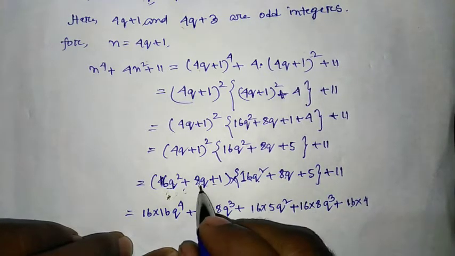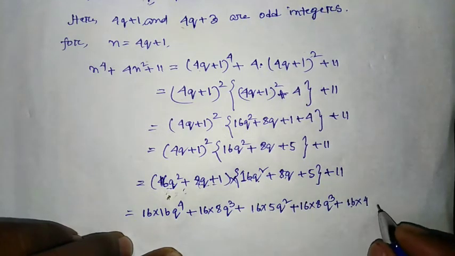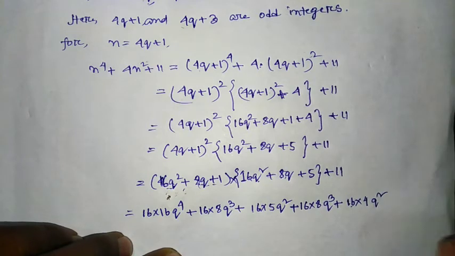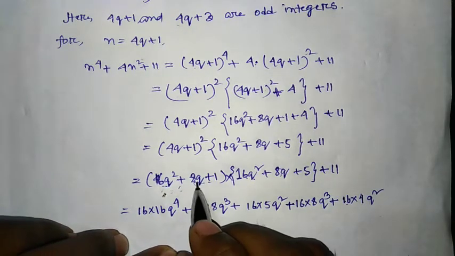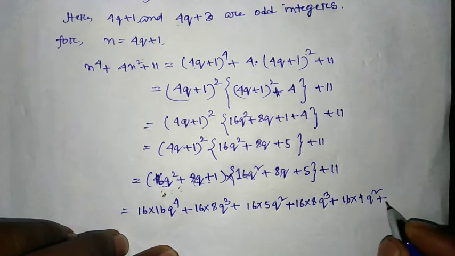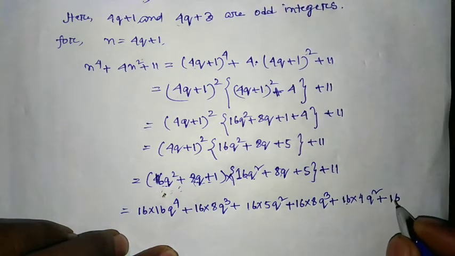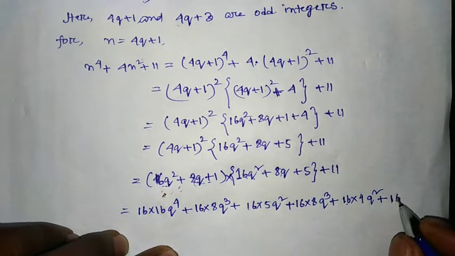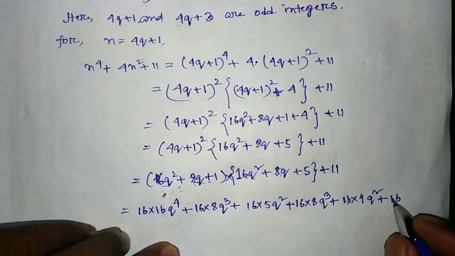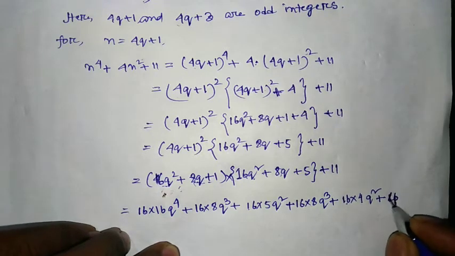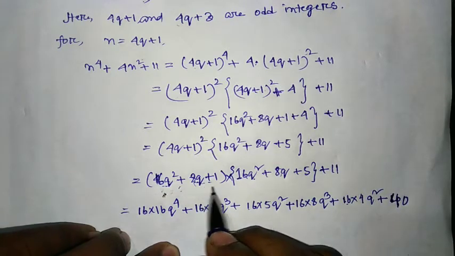So again multiply with 8q, 8 into 16, that means 16 into 8 q^3, plus 8 into 8, that means 64. At this time you can write 64 as 16 into 4, since we will take out 16 as common.